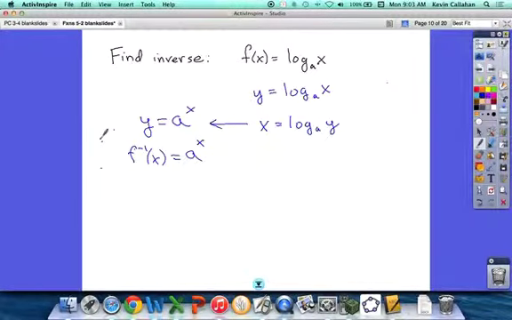Which tells you that exponentials and logarithms of the same base are inverses of each other. Right? Exponentials and logarithms are inverses, which is important. That's why they're taught together, because we need one to solve the other.